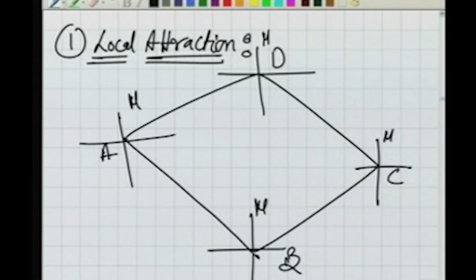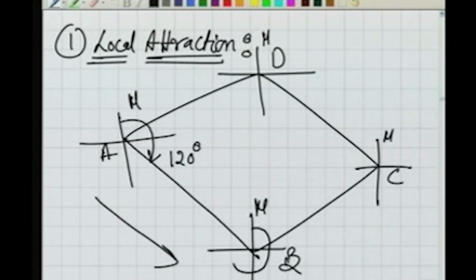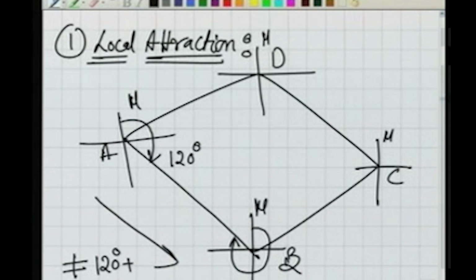Let us say the difference in A and B, the observation of back bearing, or rather fore bearing, because we are moving in this direction AB. This particular value is 120 degrees, while this particular value here, the back bearing, is not equal to 120 plus 180. It is not so.